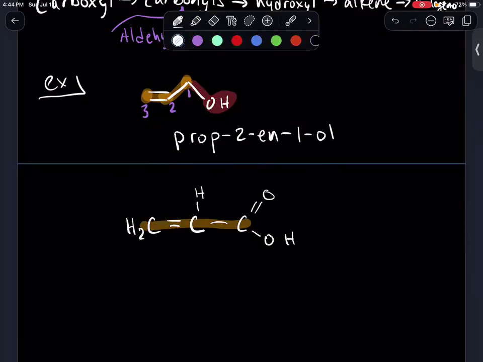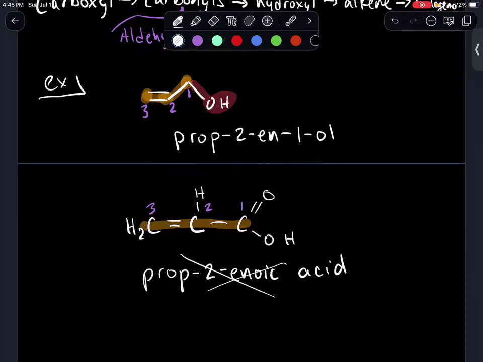But remember, carboxylic acid gets that priority, 1, 2, 3. So you may have named this prop-2-enoic acid.